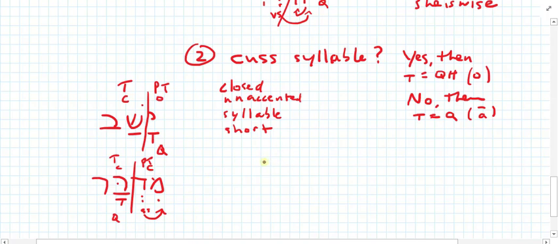Let's look at another example here. What if I have this situation? Remember when I told you when there's a makef here, it joins the two words, and the first word will lose its stress. It will surrender its stress to the second word.